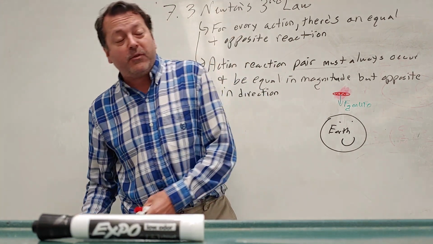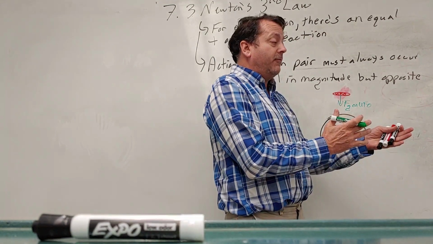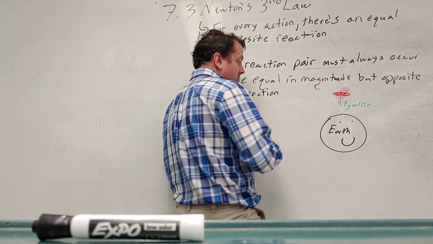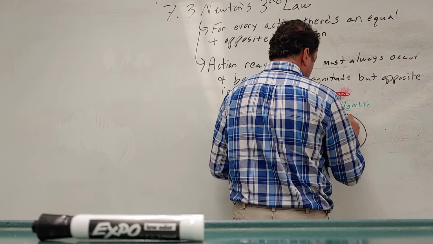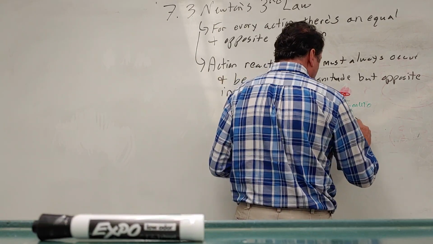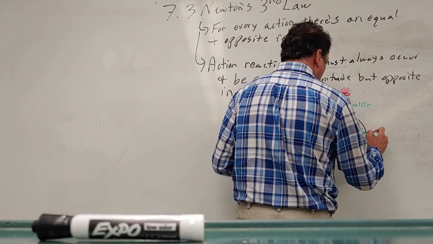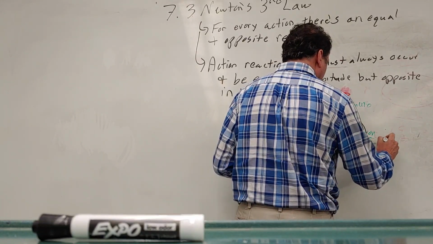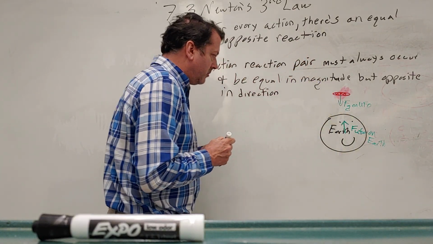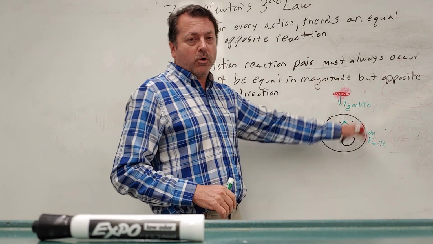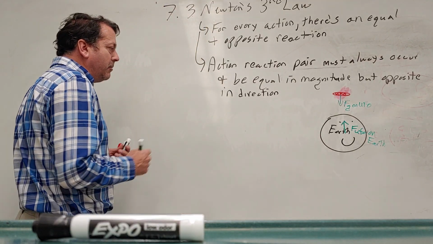Does the UFO have to exert a force on the Earth? Yes, it does. So there's actually a force of the UFO on the Earth. And these forces have got to be equal.